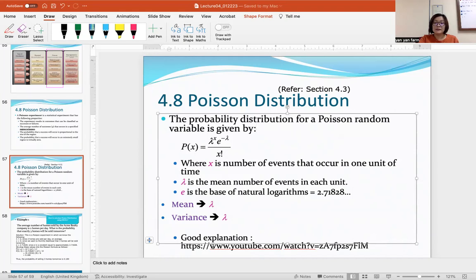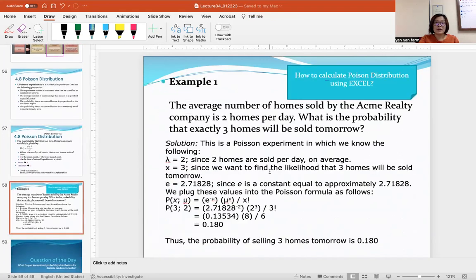I found that this is a good explanation. This video has a good explanation of Poisson, and it's quite fun to check out later. Okay, let's have a look at the example. The average number of homes sold by the agent is 2 homes per day.